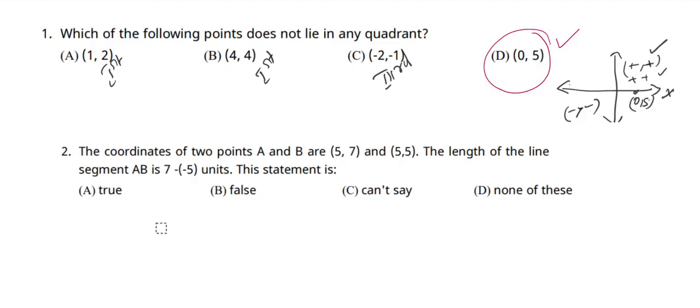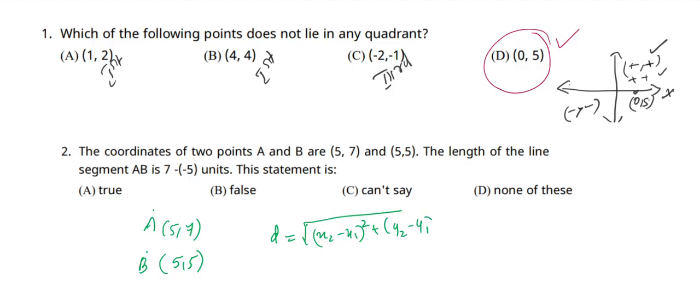A is (5, 7) and B is (5, 5), and the distance is the square root of (x2 minus x1) squared plus (y2 minus y1) squared.